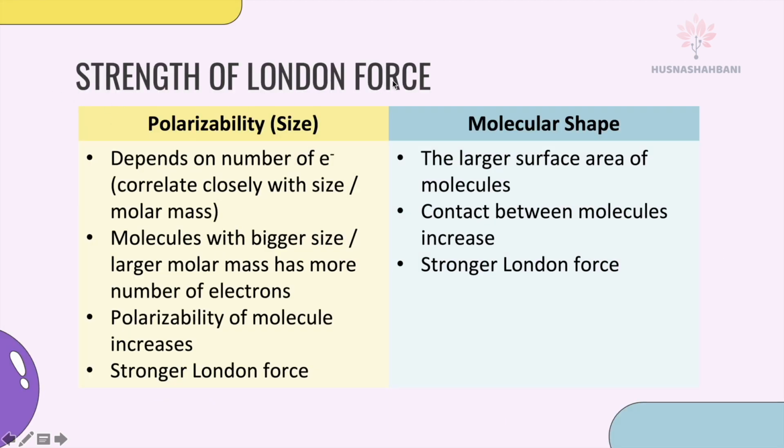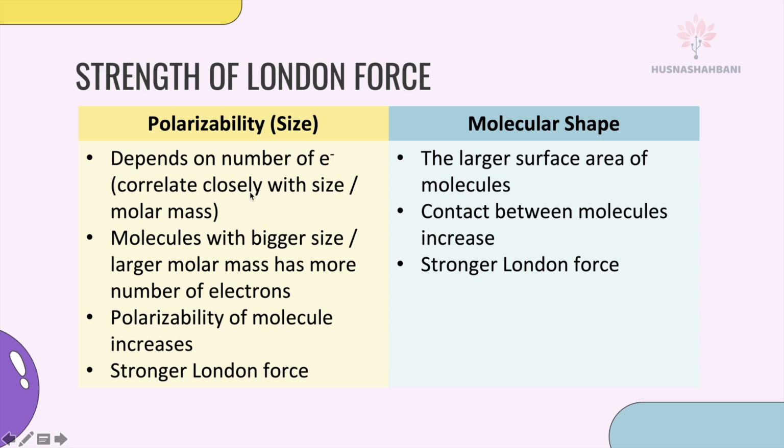Strength of London force. Two factors determine the strength of London force. First is polarizability or size. Second is molecular shape. For polarizability, the strength of London force depends on the number of electrons.